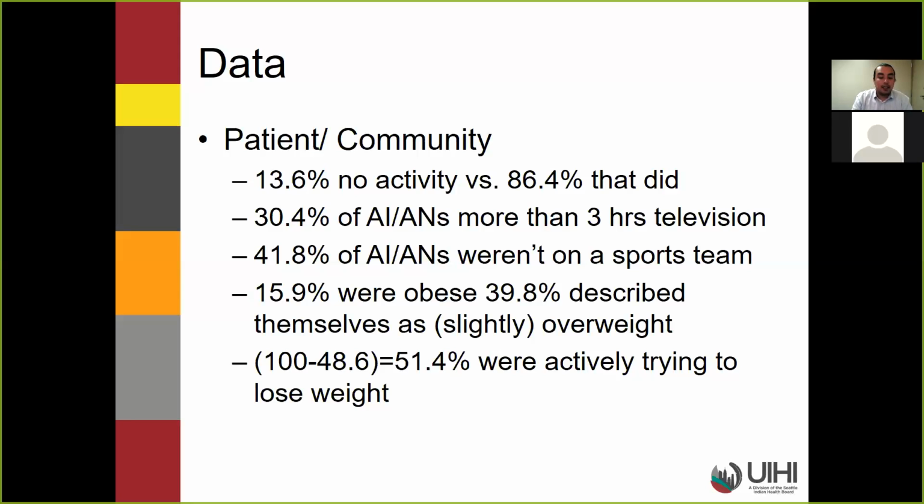Additionally, we take this number or percentage of children who are actively trying to lose weight and subtract it from the total percentage. And what we find is 51.4% were actively trying to lose weight.